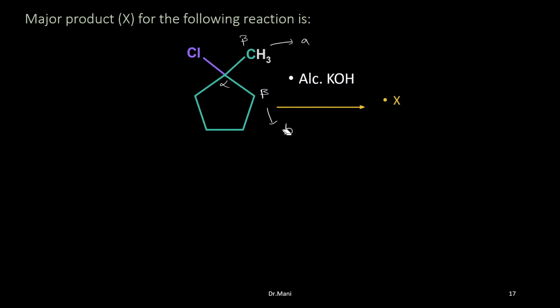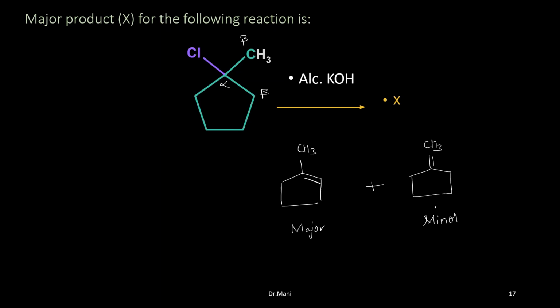B will be the major. So the substituents will be formed like this. It will be having CH3 and it will make a double bond here between the alpha and beta. Or it could make it like this. So this will be my major product and this will be my minor product. Is this clear? Any doubts? No, sir.